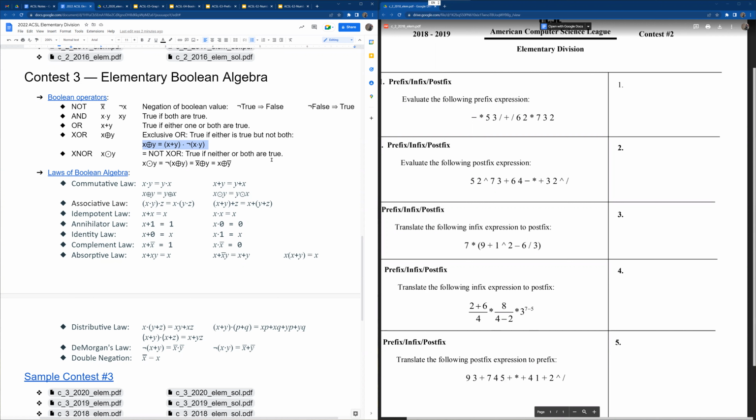Because XOR basically says X XOR Y, this expression is equivalent of this, right? It's either one could be true, but not both, right? If both are true, then it means false. The end result is false.